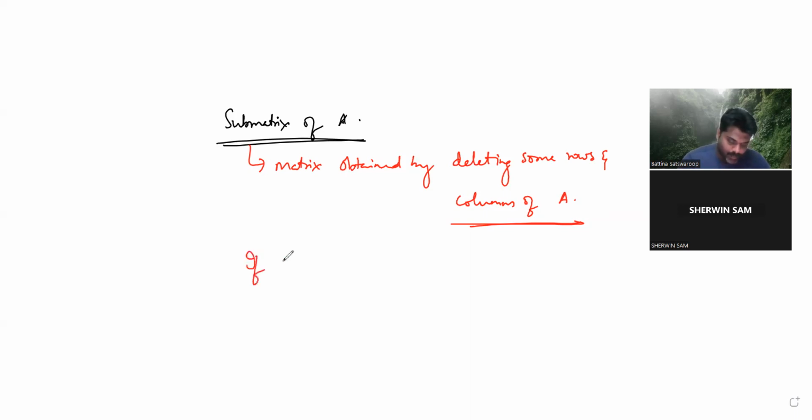And here one important point, if A is singular, then adjoint of A is also singular, sir.